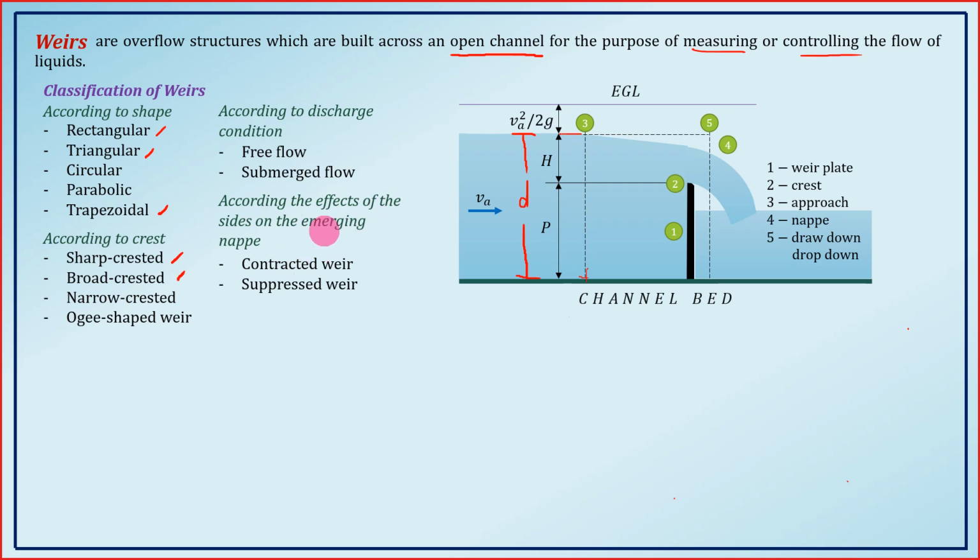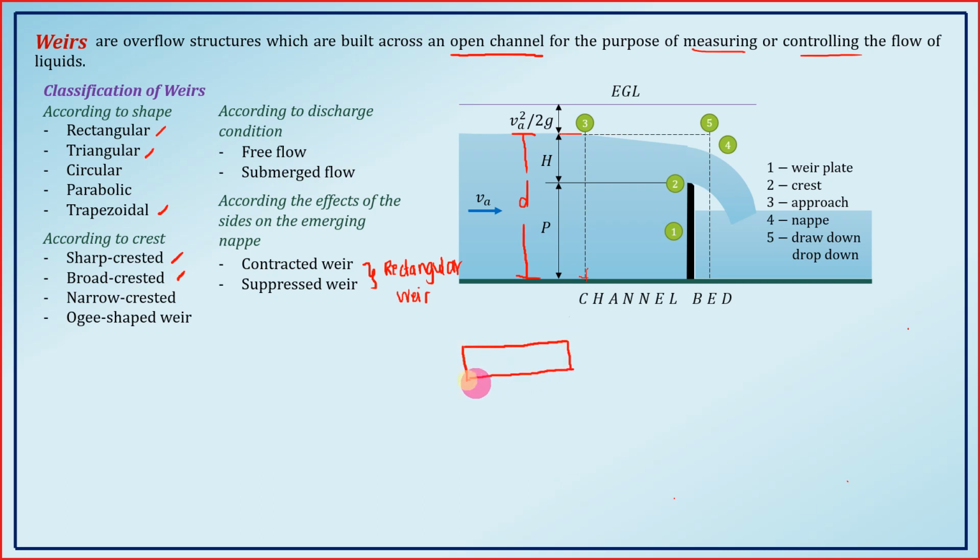Ayan. So, we have this according to the effects of the sides of the emerging nappe. So, we have a contracted weir and suppressed weir. Actually, this contracted and suppressed weir, para lang siya sa isang rectangular weir. Under siya sa rectangular type natin ng weir. Kanina, pinakita ko yung isang weir na tuloy-tuloy lang, yung full width lang.